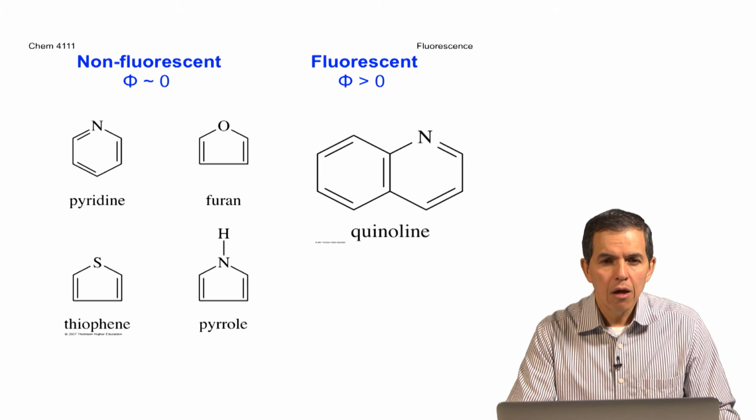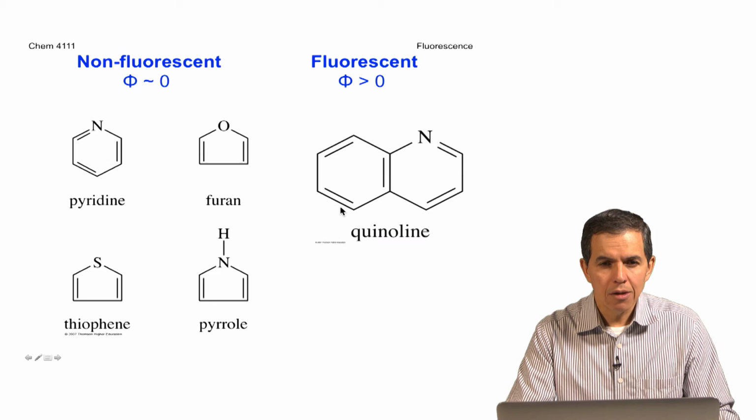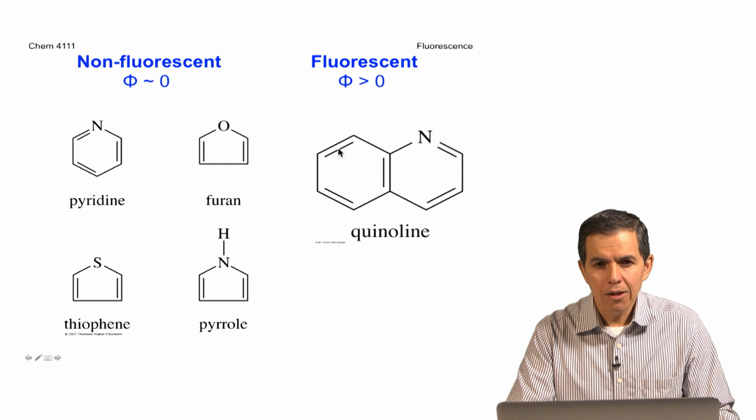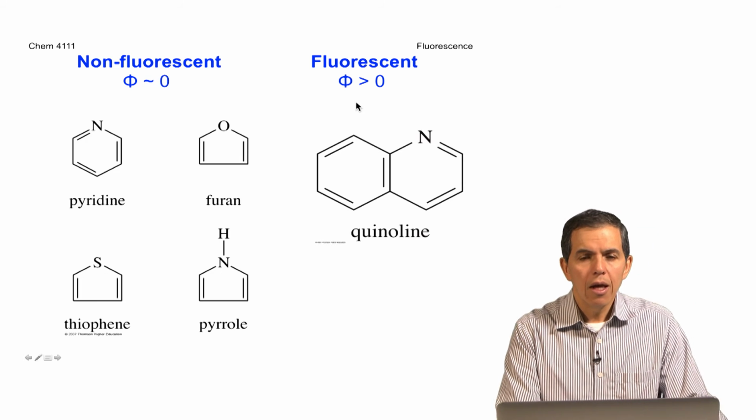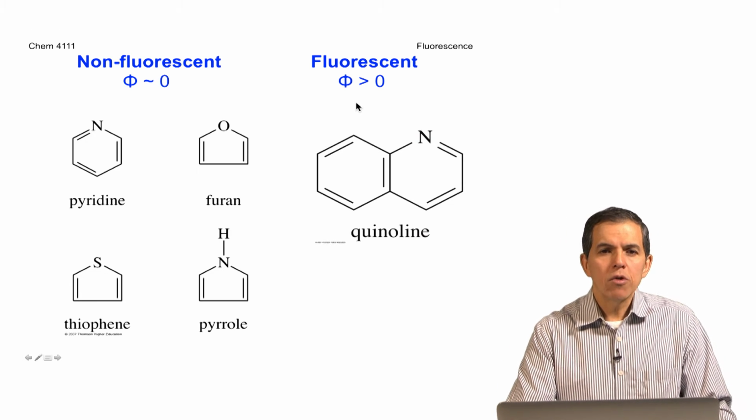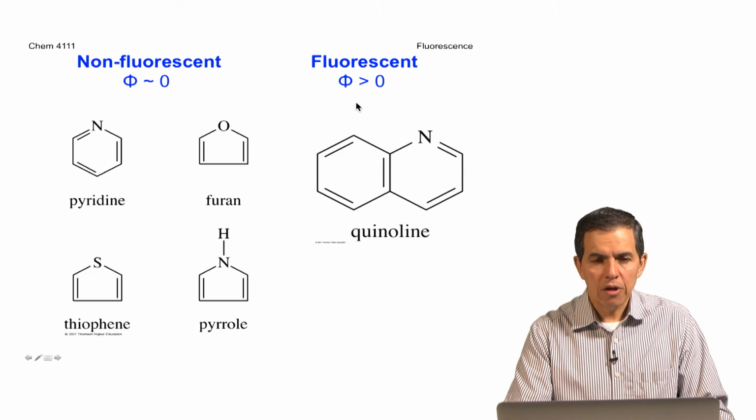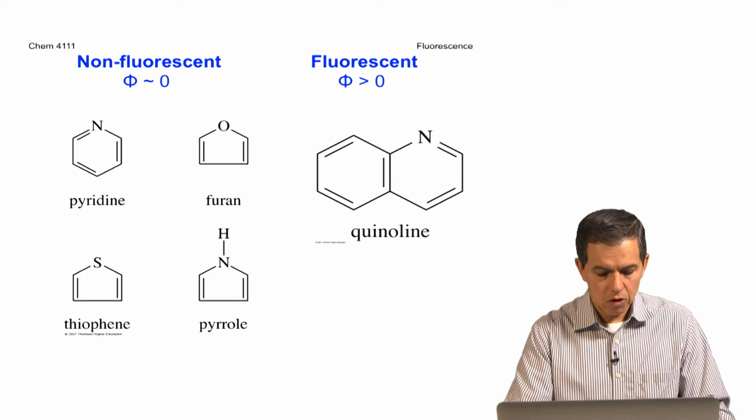On the other hand, molecules like quinoline that have a conjugated system of pi electrons tend to be fluorescent, and this particular analyte is characterized by a much higher quantum yield than 0. So in general then, any analyte that has a quantum yield greater than 0 could be potentially analyzed by fluorescence spectroscopy.